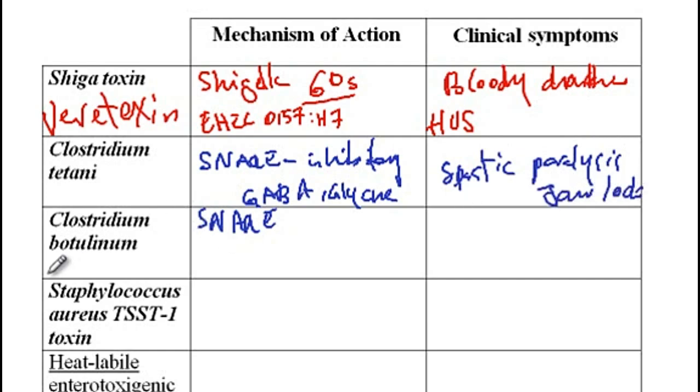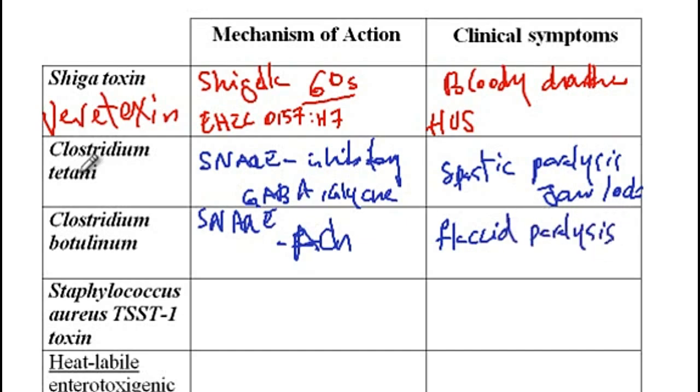On the other hand, Clostridium botulinum inhibits the release of the acetylcholine excitatory neurotransmitter, as a consequence of which these patients present with flaccid paralysis.